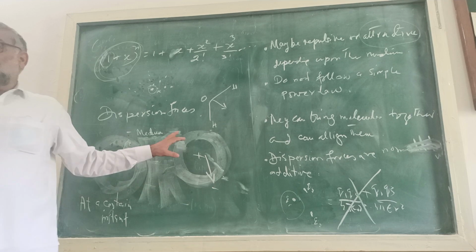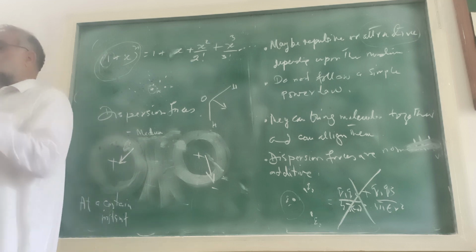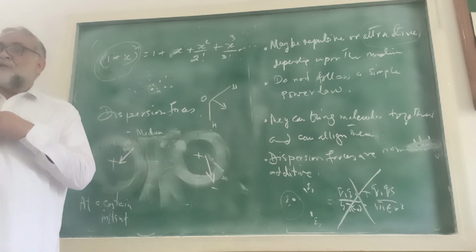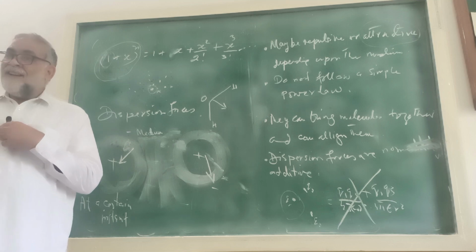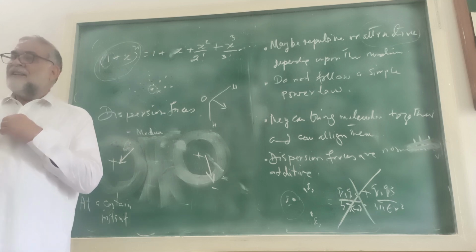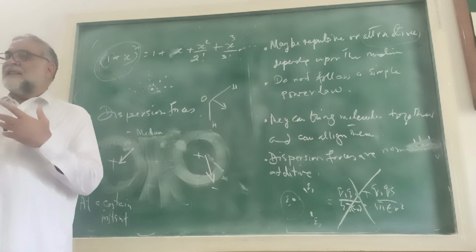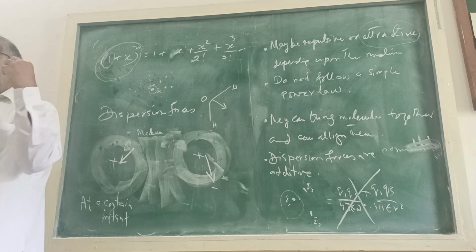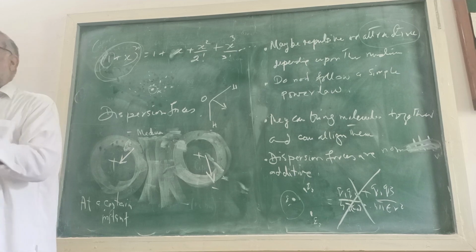And these are the forces which are present everywhere. London forces are present everywhere between molecules. Why? Because they do not depend on positive charge or negative charge or whatever.